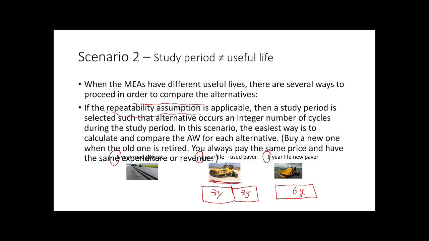To do that, you just need to repeat the whole life cycle for each project, repeating them several times until they have the same length of study period. For this one, the 3 year life cycle can be repeated 2 times, so they have a 6 year life cycle for that project, and then you can compare that with the other 6 year alternative.